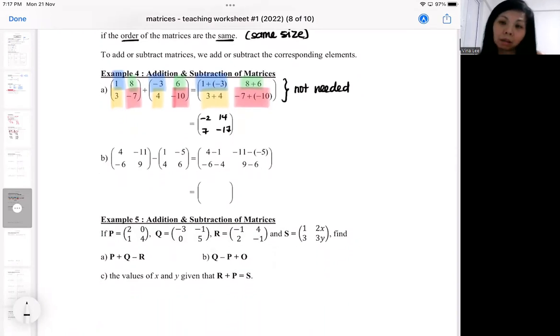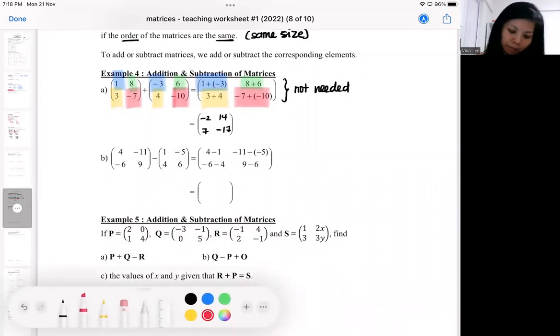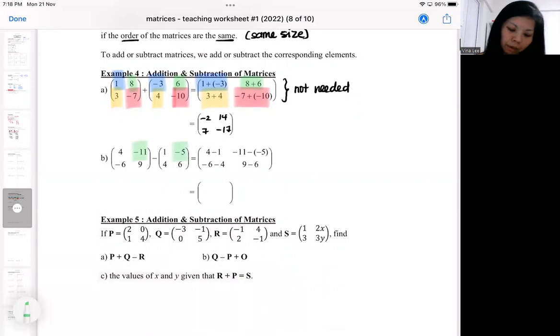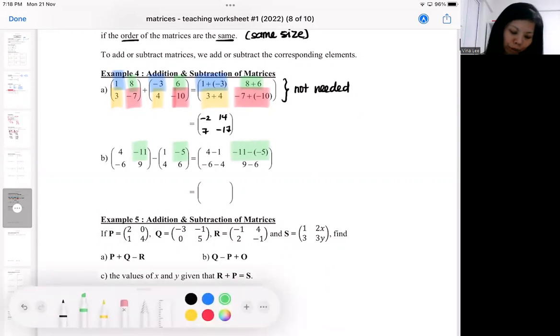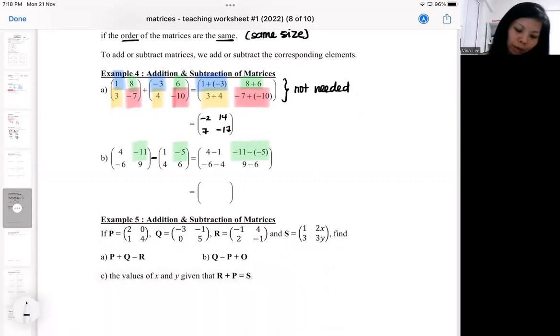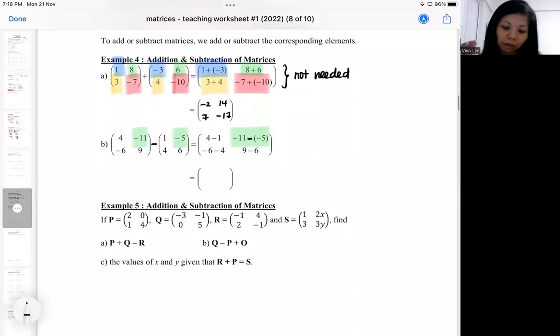So for subtraction, it's the same thing. We are subtracting based on the position. But subtraction will have more chance of careless mistake, especially when the element is negative. Because, for example, in this case, for this part, there is a double negative because you are doing the operation subtraction. So you are subtracting. So you will have a double negative. So during matrix subtraction, there is a higher chance of careless mistake.